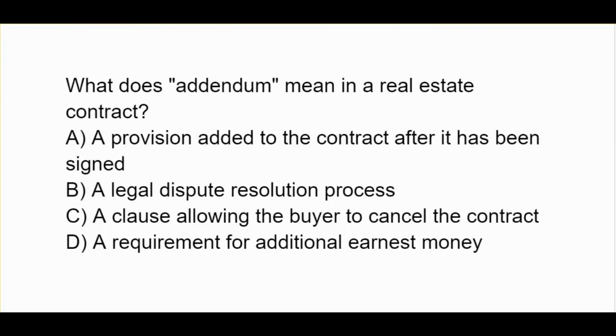What does addendum mean in a real estate contract? A, a provision added to the contract after it has been signed. B, a legal dispute resolution process. C, a clause allowing the buyer to cancel the contract. D, a requirement for additional earnest money.